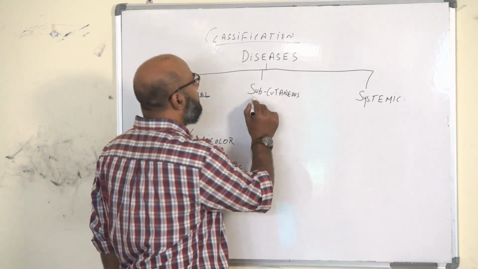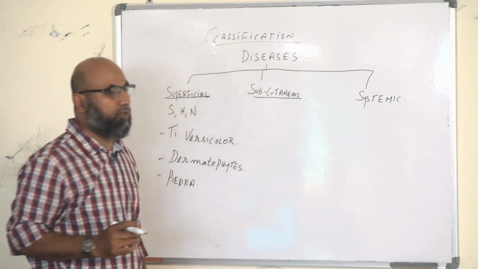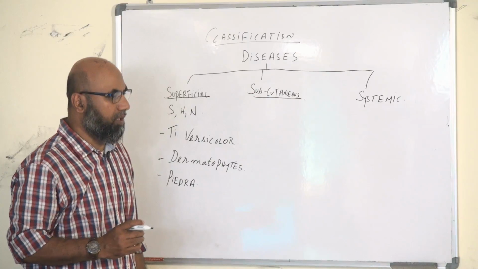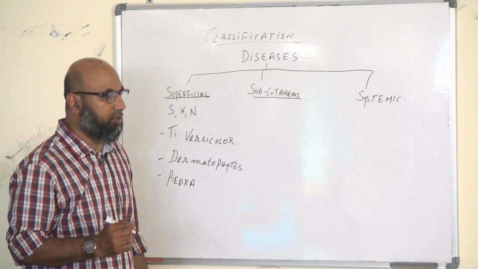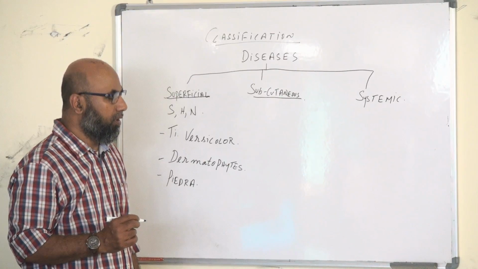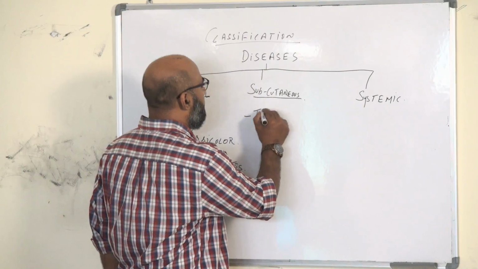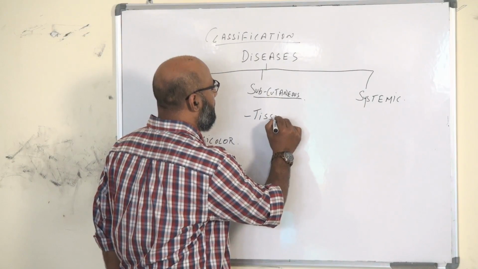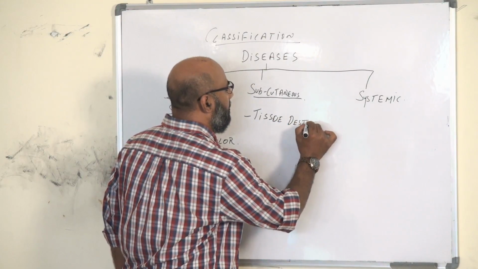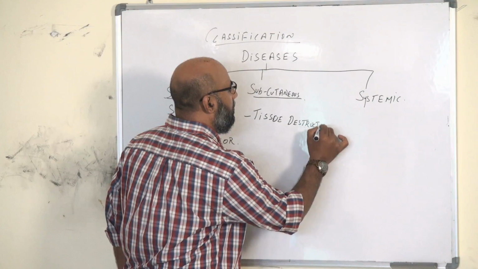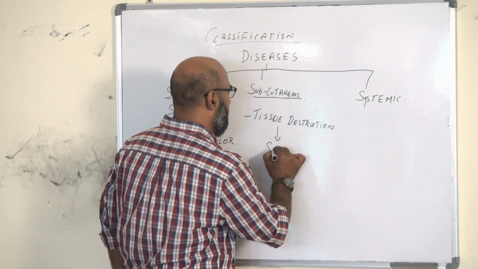Second one is the subcutaneous. These are subcutaneous fungal infections. They mainly infect the subcutaneous tissues, and from there they cause a burrowing of the tissues underneath, and there is massive tissue destruction with sinus formation.